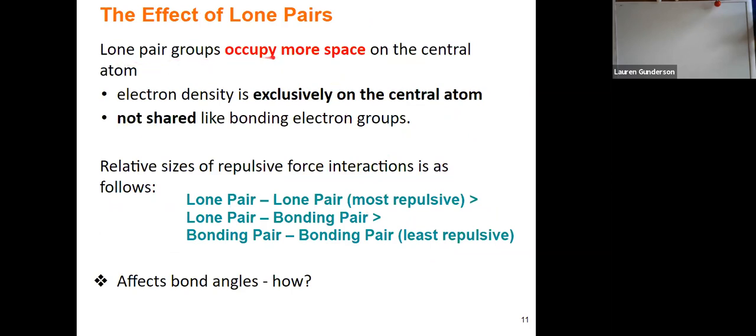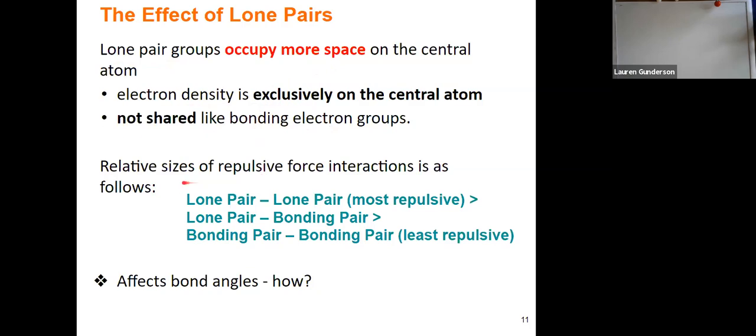Now, lone pairs occupy a ton more space around the central atom than a bond does, okay? And this is because, first of all, the electron density is only on that central atom. It's not shared at all between any bonding groups, okay? And you have 2 electrons solely focused on the central atom, that's going to be a huge cloud of negativity attached to that central atom.